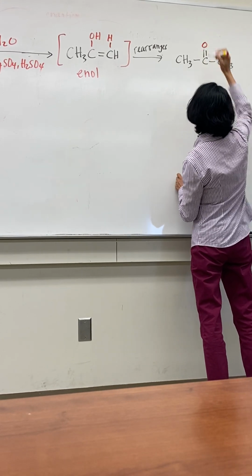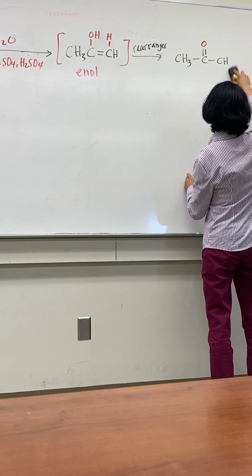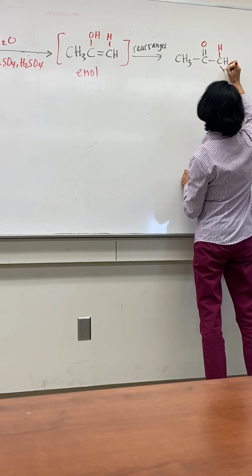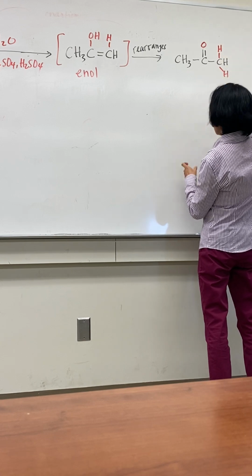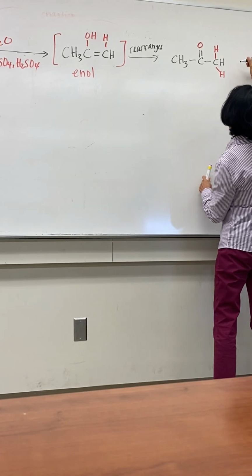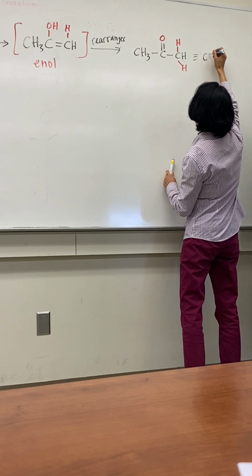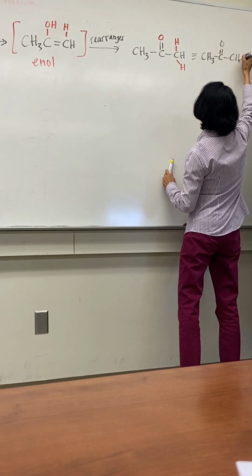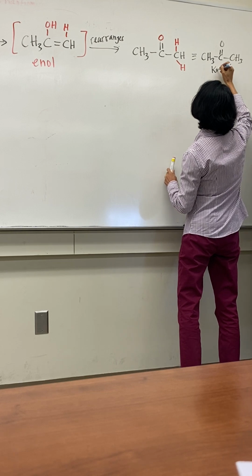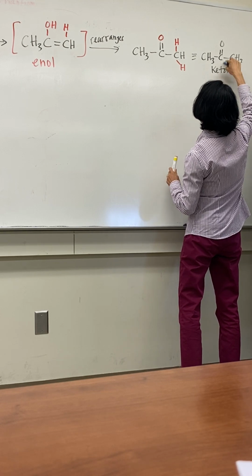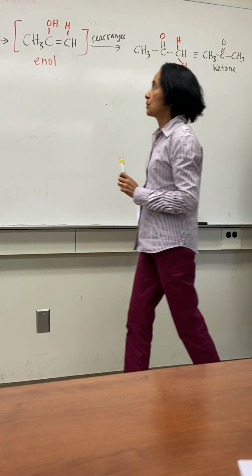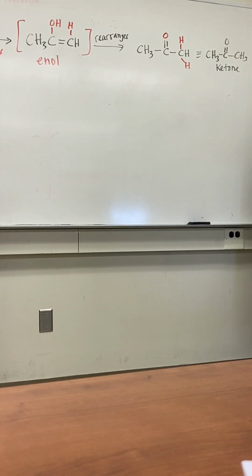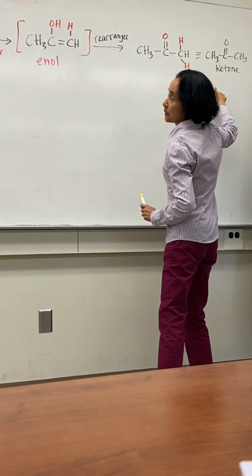So the water is here, and then this is actually like this, HH. That is your H2O. But in short, it is the same as CH3C double bond O CH3. So this is now a ketone. Ketone has C double bond O as your functional group. So that's one way to convert an alkyne to a ketone.